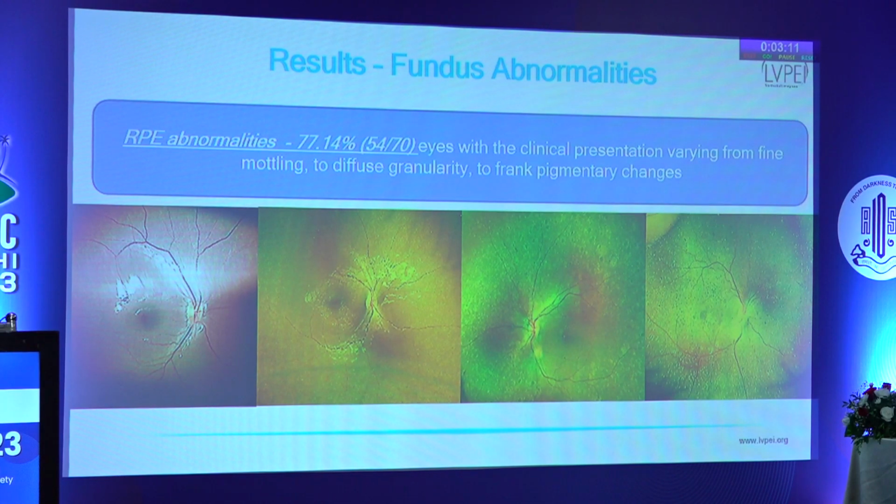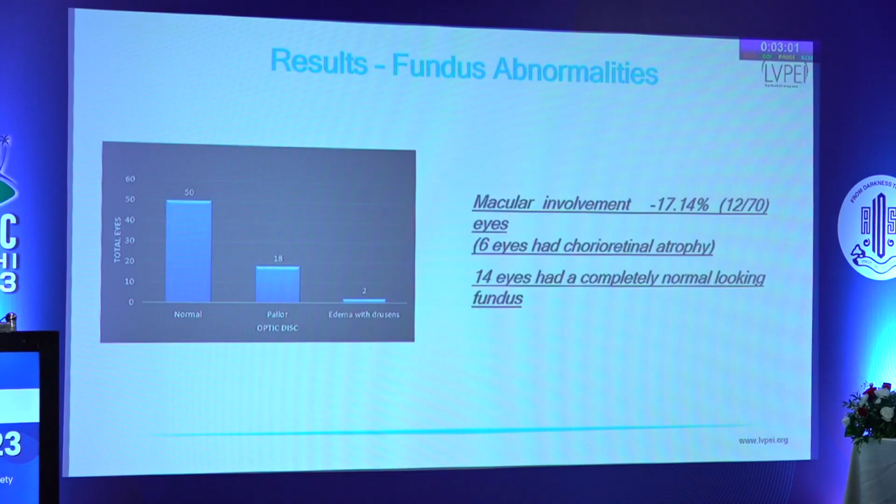The fundus varied from normal to subtle RP granularities, mottling, to frank pigmentary changes and macular atrophy with pigmentation. The optic disc is very important because in a typical case of RP it might have a pallor, whereas in LCA we found that at presentation 50 eyes had a normal optic disc. Macular involvement was noted in 17%. 14 eyes had a completely normal looking fundus at presentation.